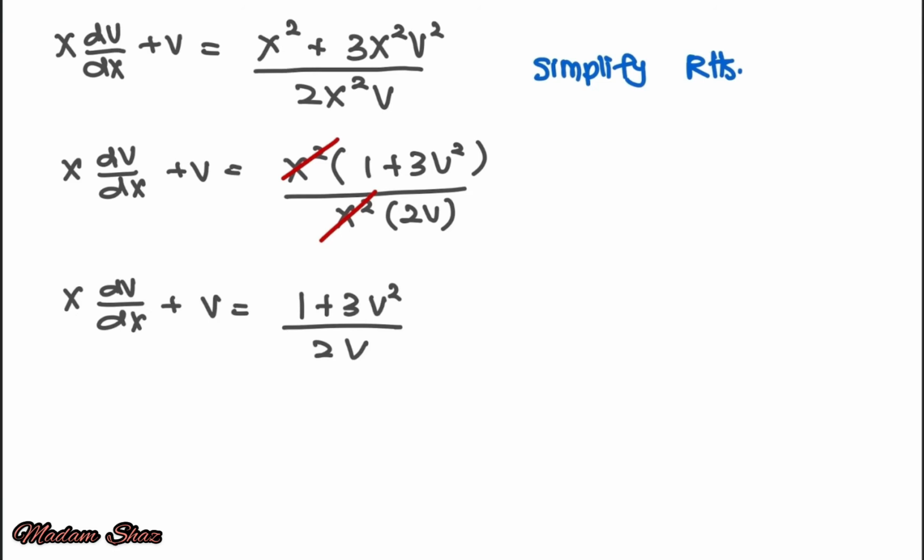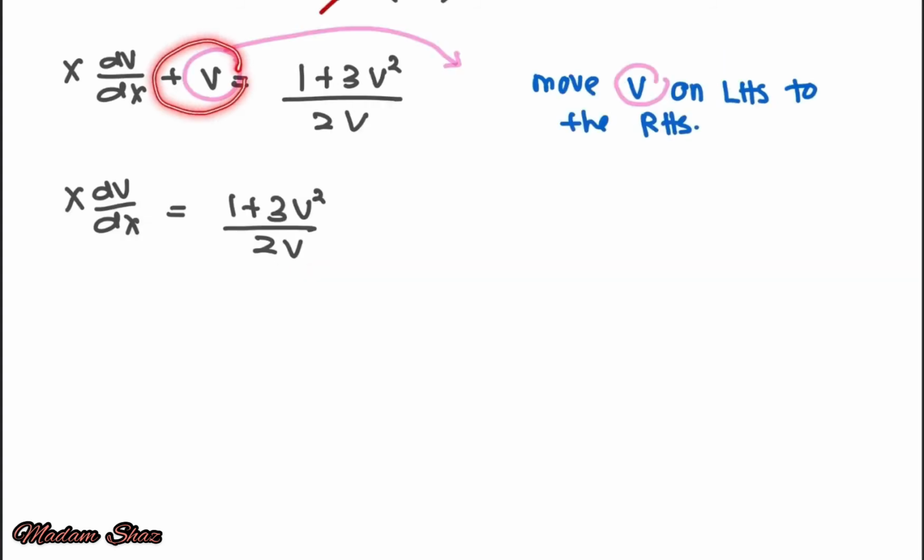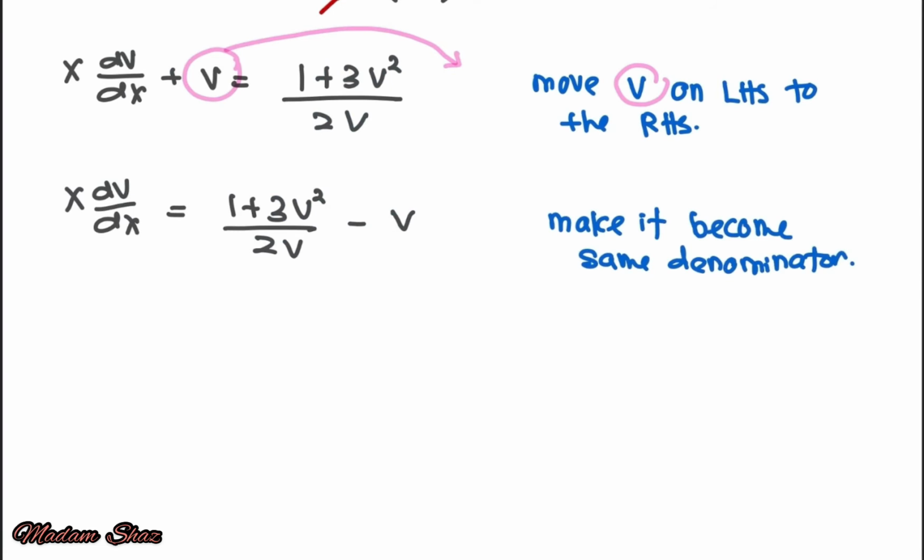So the next step, we have to move the v on the left hand side to the right hand side. When we move positive v to the right hand side, this one will become minus v. Okay, so this one we have a denominator at the bottom side, but for this one the denominator is 1, v over 1. So we have to make it the same denominator.